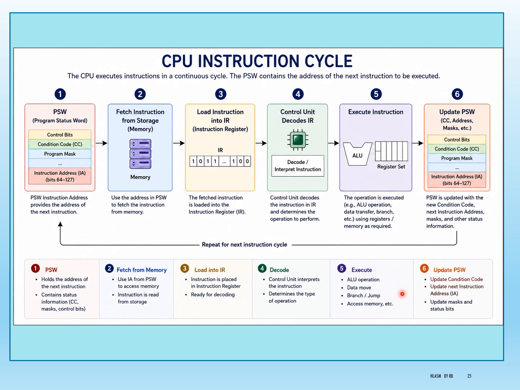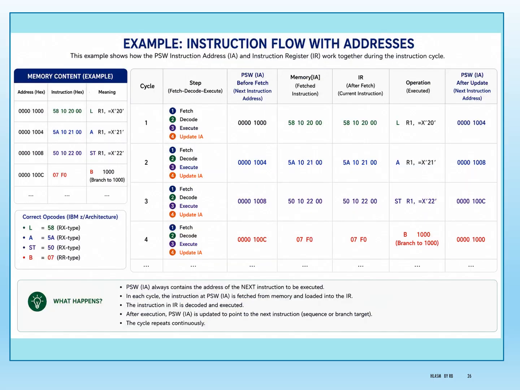Once you have done the operation, again you have to give back the status. So status is set in the PSW, and since this instruction is completed, you are already pulling up the next instruction's address and keeping it in the PSW.